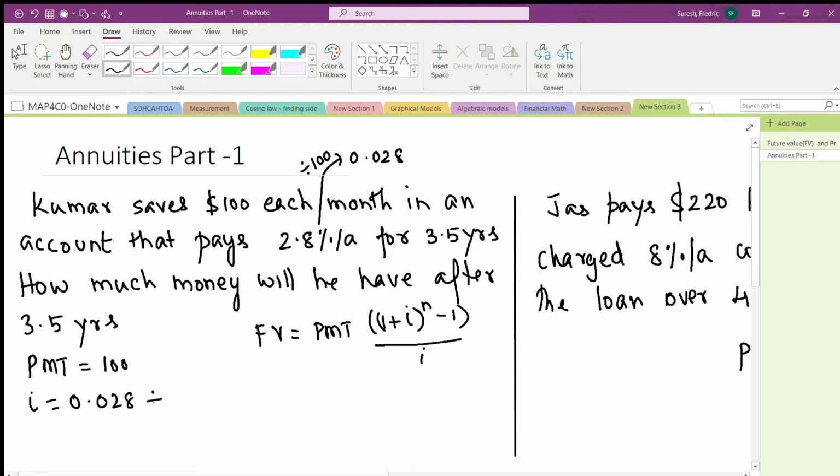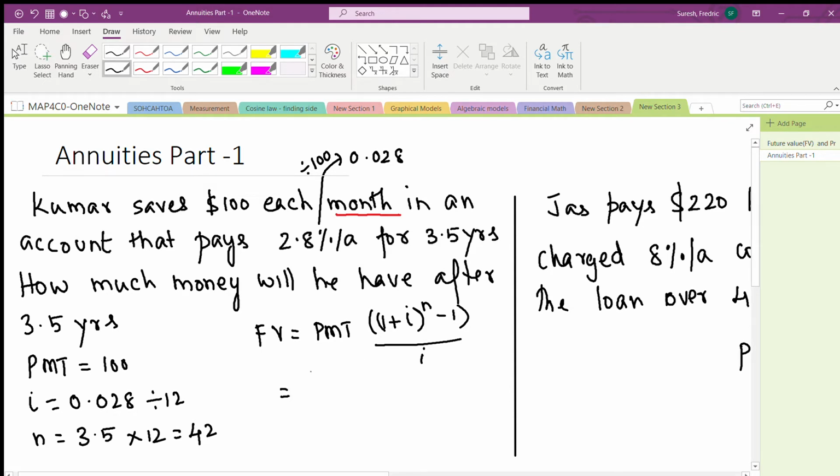We have to divide this by 12 because the compounding is happening monthly, and that clue is in the problem. And the N value, since it is 3.5 years, you multiply by 12, and you get 42 months that this is calculated for.